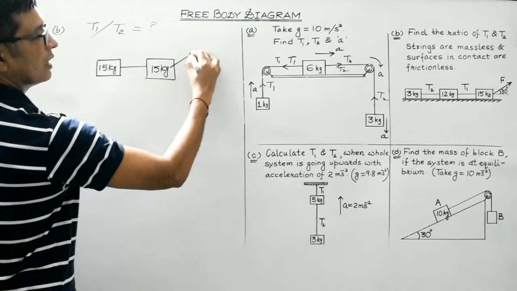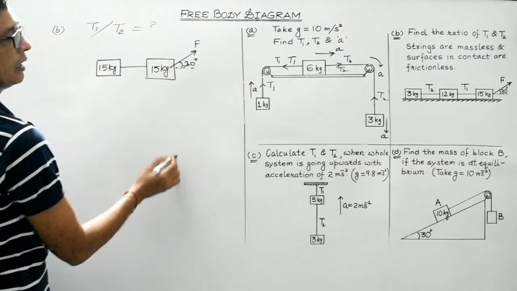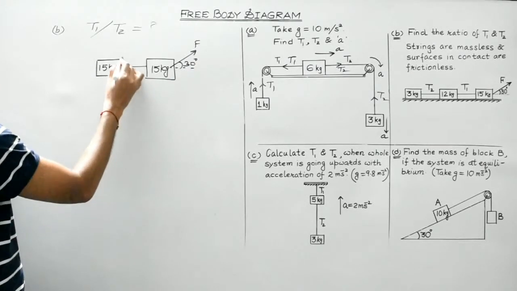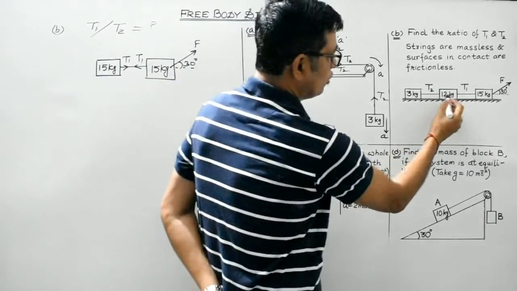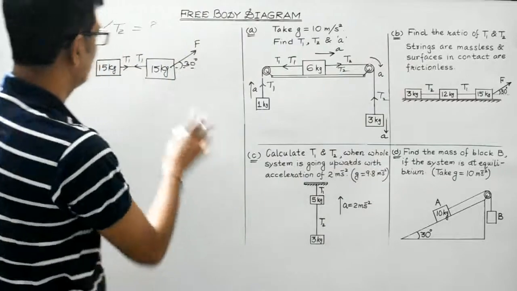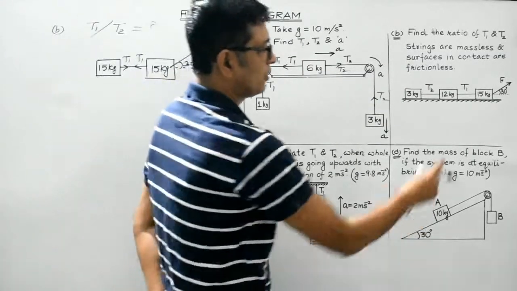And here the force is F, and this is an angle of 30 degrees. And here the tension is T1. This is T1, right? So these two bodies can be combined together to form a single body of mass 15 kg. Let's find out the value of T1 first.